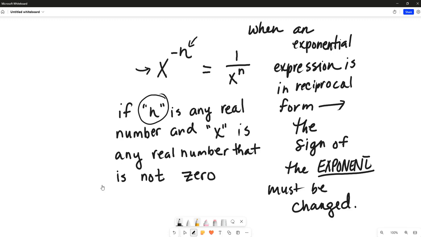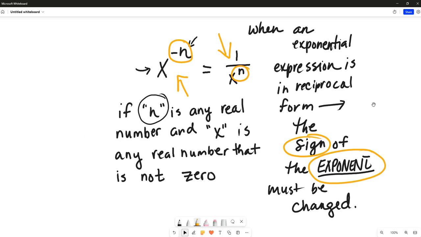All this is saying is that when an exponential expression is in reciprocal form, so notice that this is the reciprocal of this, then the sign of the exponent, just the exponent, must be changed.